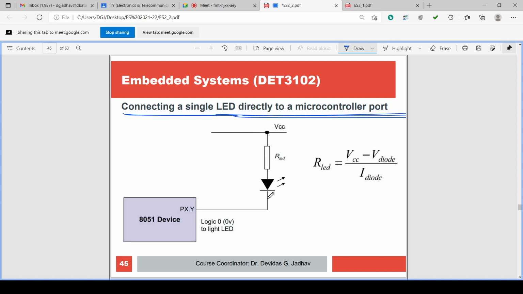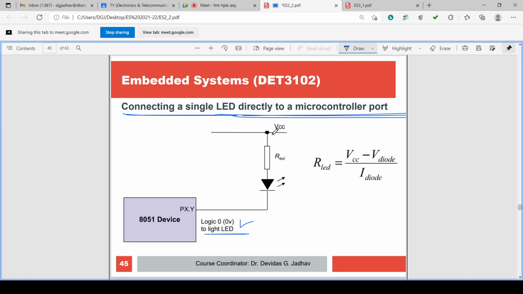Anode is always towards VCC, cathode is always towards ground. So whenever there is a ground, or zero logic, or zero volt, then the LED will glow. For logic 1, the cathode is also having 5 volt, and the anode is also having 5 volt through the resistor.